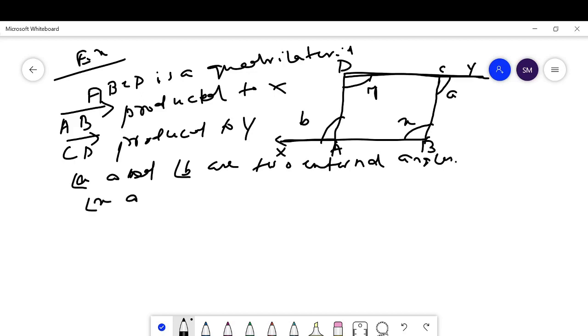X and Y are two internal angles. Then we have to prove that.